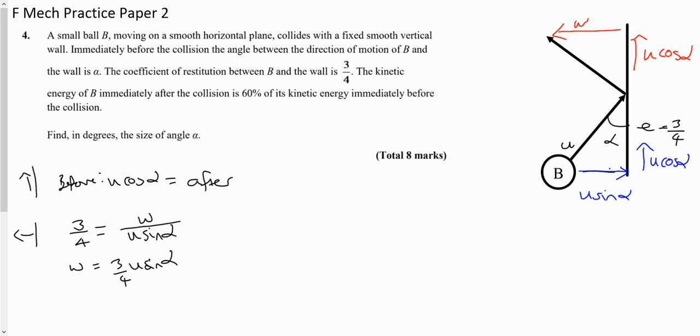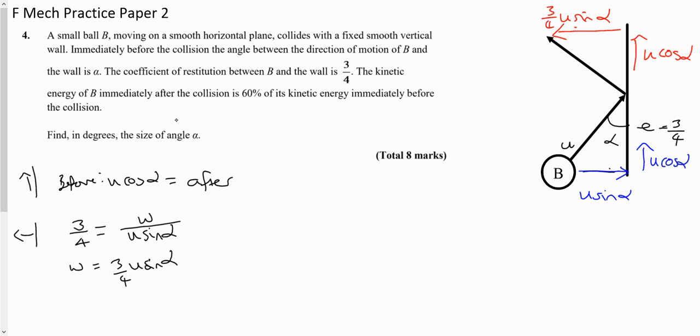And then the best thing to do now is get rid of this W and instead call that 3/4 u sine alpha. Right, so that's all we can do with that.